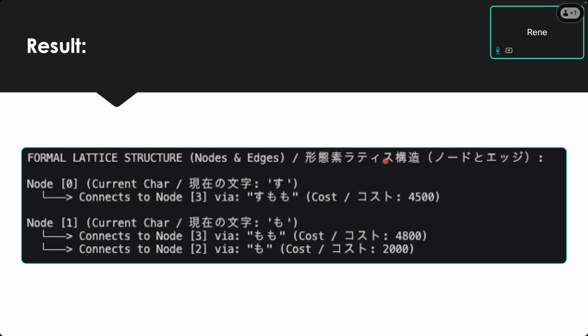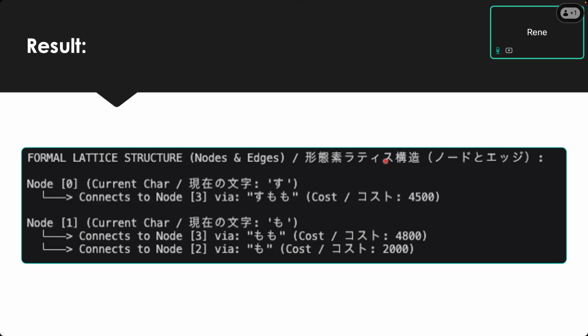So let's say you have sumomo. The algorithm first checks if there is a word su in the dictionary and then momo, right? So it can actually find su and momo, but these are two perfectly viable words in Japanese, and it calculates: is it better to have, what will be the overall cost?